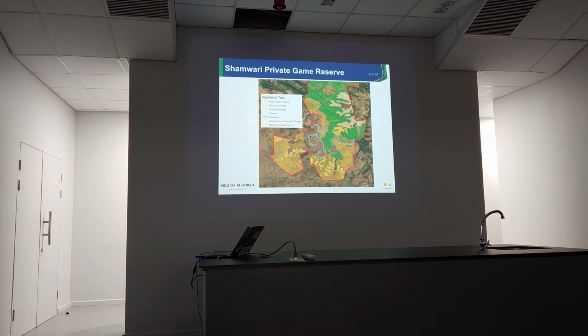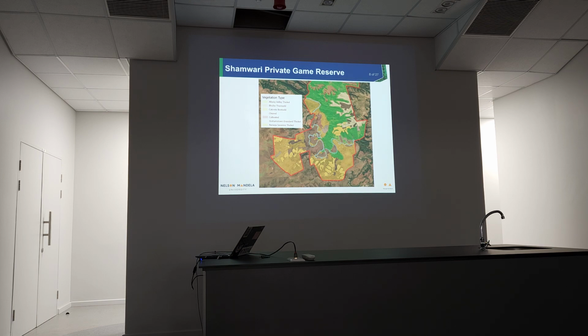And then we also have other mosaics, two other mosaics in the southern part of Shamwari. This map is several years old.